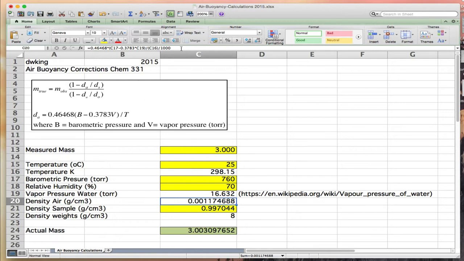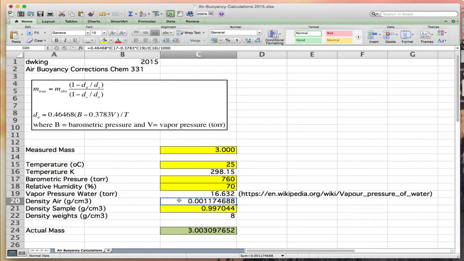This 1,000 is because this density equation is in units of grams per liter, or grams per 1,000 centimeters cubed, and we want the density of all of our objects to have the same unit so that this term in the air buoyancy correction becomes dimensionless. So the divide by 1,000 gives us the density of air in grams per centimeter cubed.